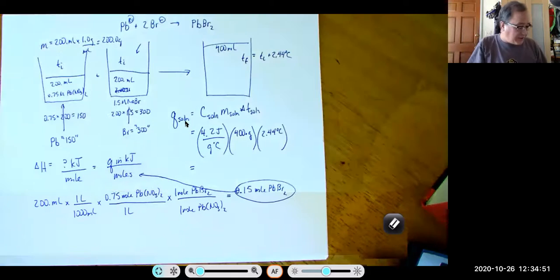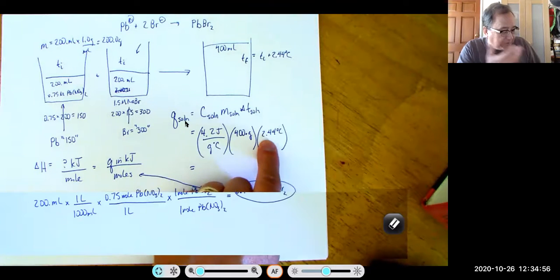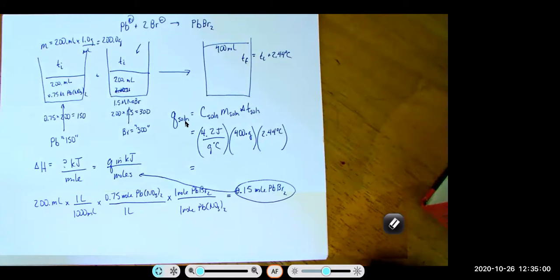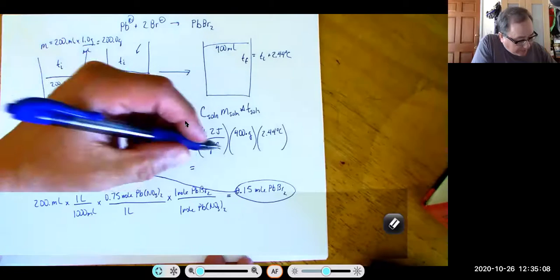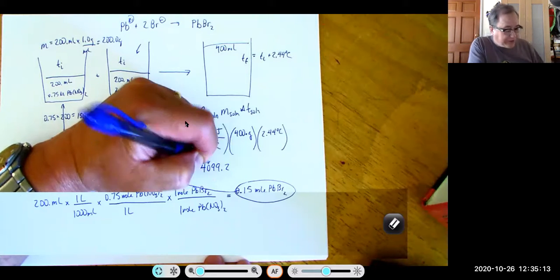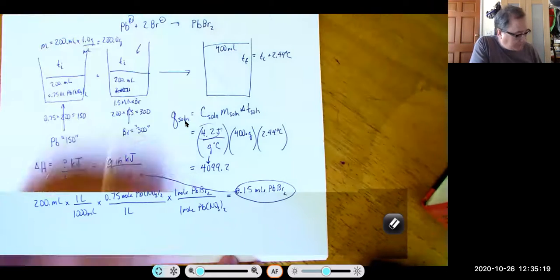So here I get for the Q 4.2 times 2.44, which is about 10, times 400, which is about 4,000. I get 4,099.2, and this is only good to the 0 here. So if I were to round, I'd round to 4,100 because of this 4.2.